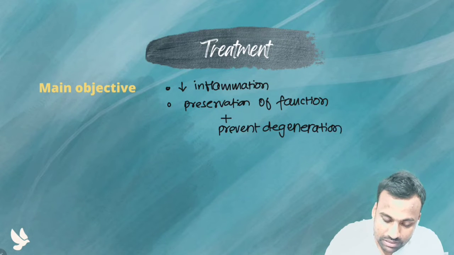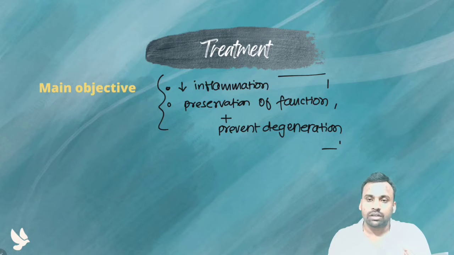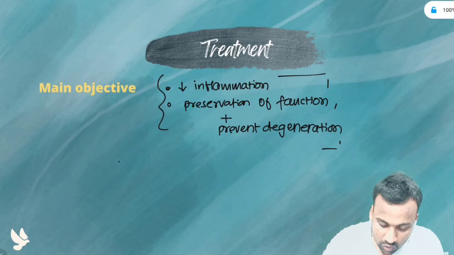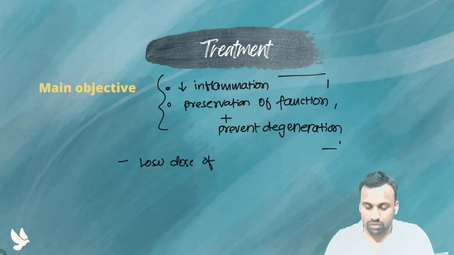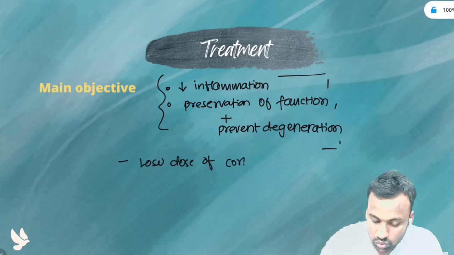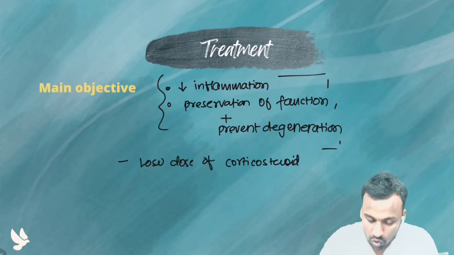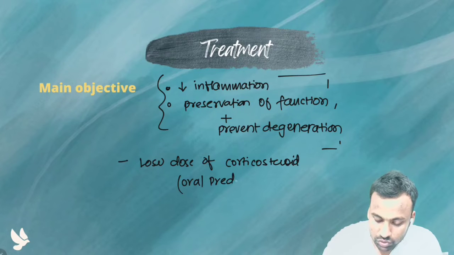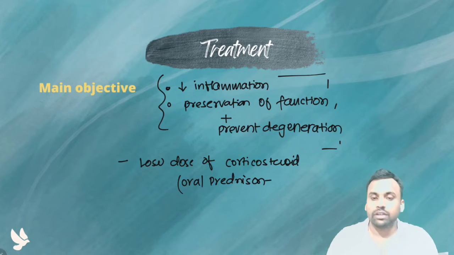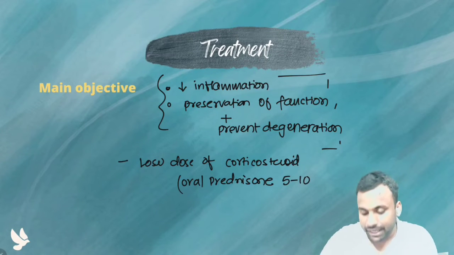And for this aim we start the treatment, first with a low dose of corticosteroid, in which we mainly give oral prednisone in a dose of almost 5 to 10 mg daily.